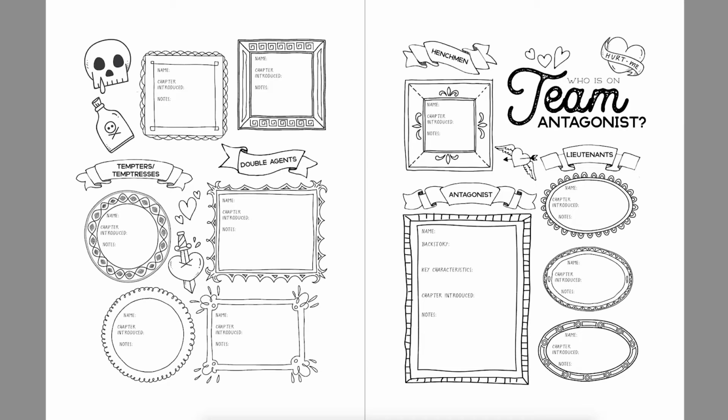So in the Hunger Games, for example, an example of a henchman might be Effie Trinket. Even though she kind of plays both sides. She's trying to help Katniss in many ways. She's also very much upholding the Hunger Games.